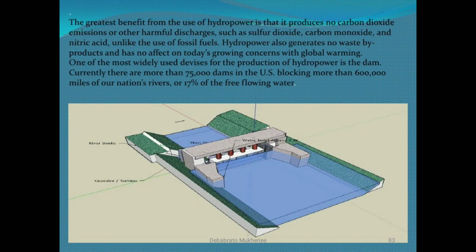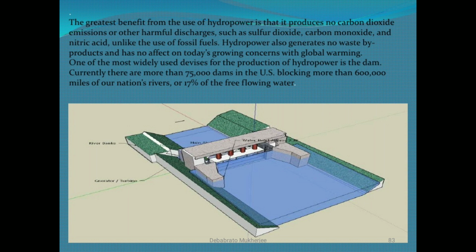The greatest benefit of using a hydropower plant is that it produces no carbon dioxide nor other harmful discharges such as sulfur dioxide, carbon monoxide, or nitric acid. Unlike fossil fuels, hydropower plants produce no waste byproducts and have no effect on today's growing concerns with global warming.